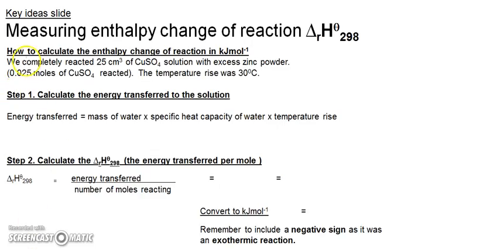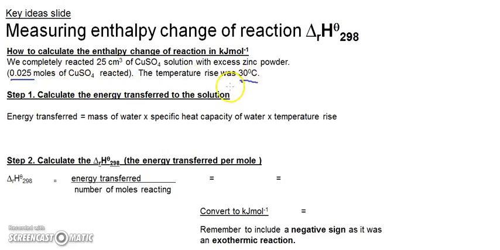Right, now for the calculation. So let's just recap. We reacted 25 centimeters cubed of copper sulfate solution with excess zinc powder. So all of the copper sulfate reacted. That was 0.025 moles of copper sulfate.